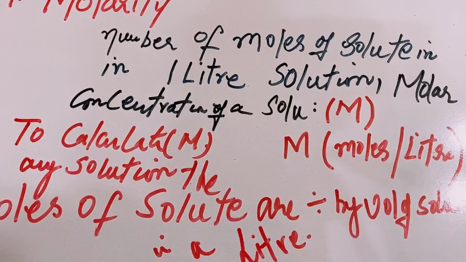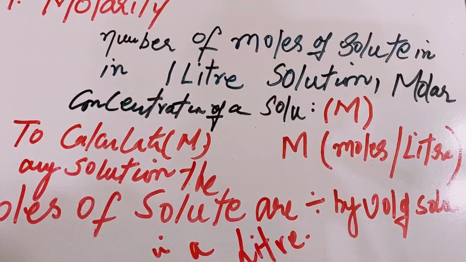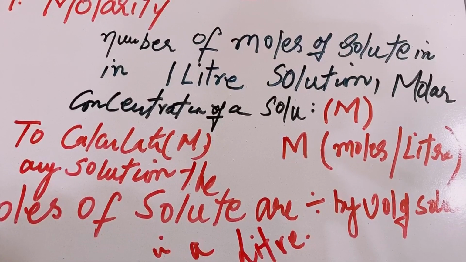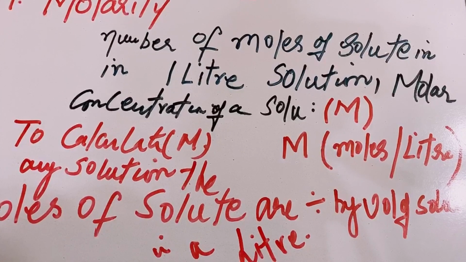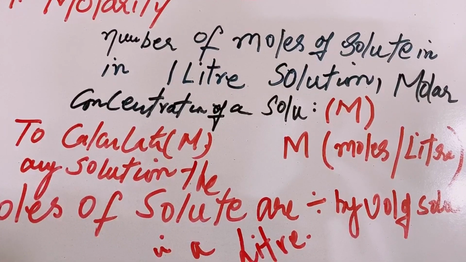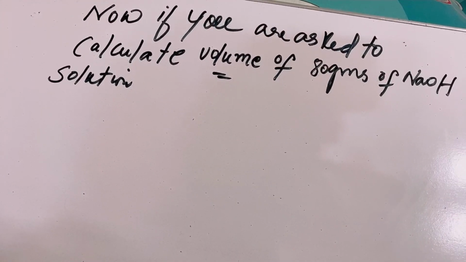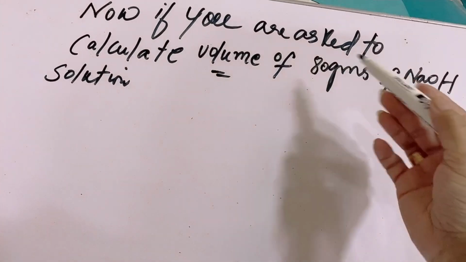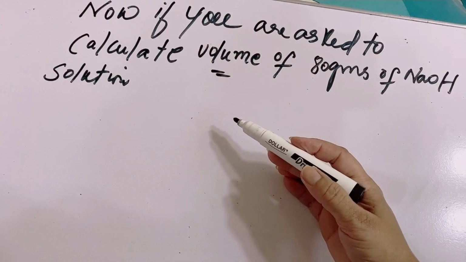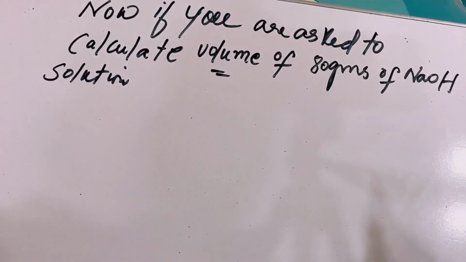Now if you're asked to calculate volume of something, how are you going to calculate it? I will give you a small example. If you are asked to calculate the volume of 80 grams of sodium hydroxide, how will you do it?